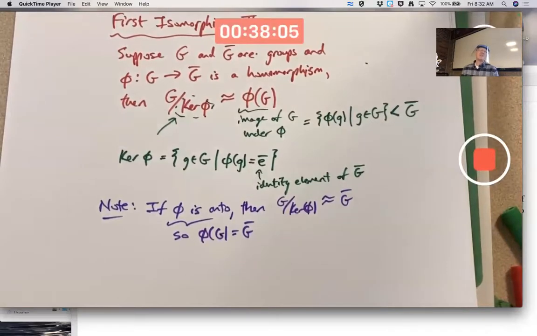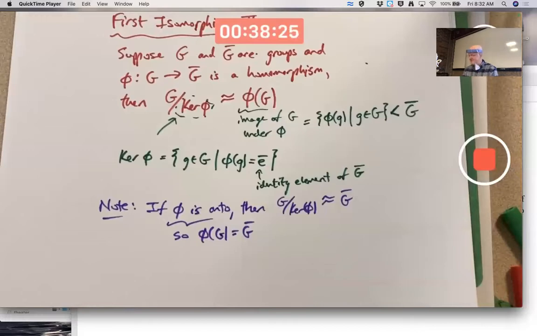And so it's nicest to apply this when phi is onto, you might say. Or you might as well just consider the image as being what G bar is. Maybe that is another way to think about it.